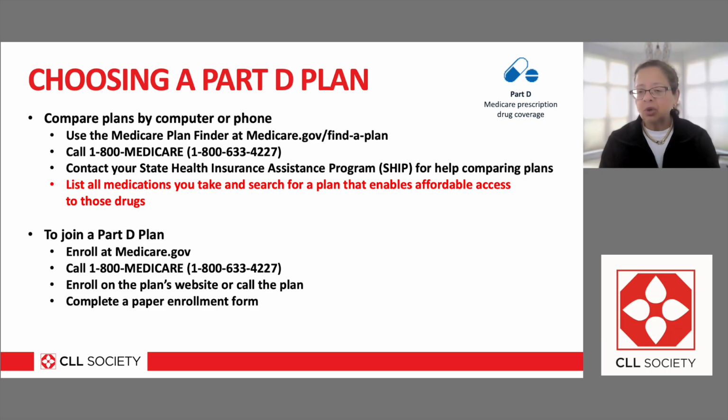If you talk to someone at SHIP, they'll probably ask you for that, to work with you on your list of medications. In CLL, from what I've learned, you often are taking different treatments or combining treatments. And so just think ahead to whatever your doctor may want you to be doing or taking over the course of the year.